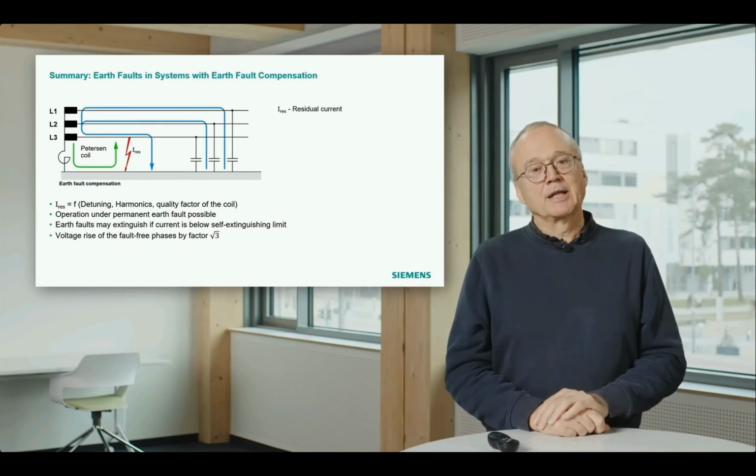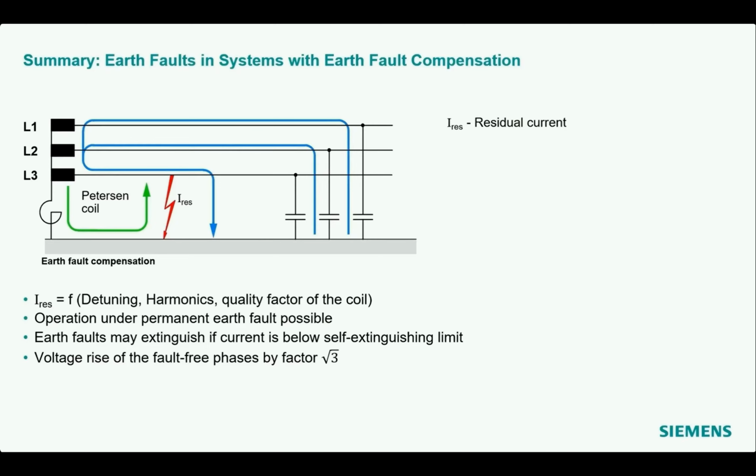What is also indicated in this picture, just to get a bit of an understanding of what's happening there: you have an overlay of the previous situation in an isolated system, where you have the blue capacitive current we discussed. And with the coil, we get additionally this green current.